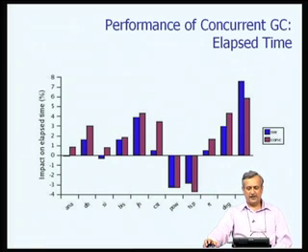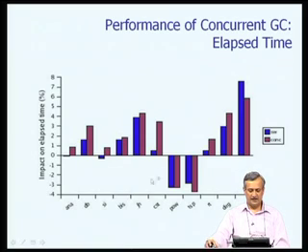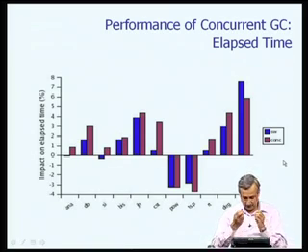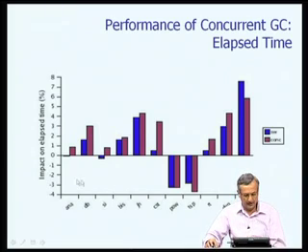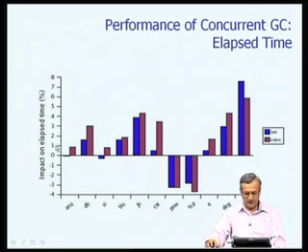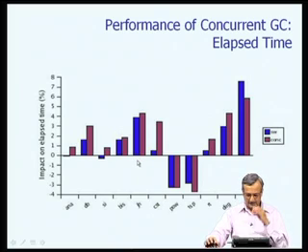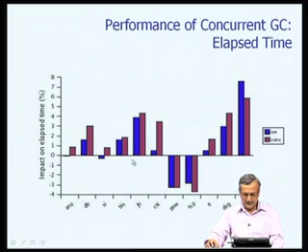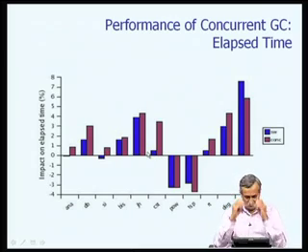So, what about the impact on the elapsed time? Here again the blue bars correspond to the stop the world garbage collector and the brown bars correspond to the concurrent garbage collector. The impact on the elapsed time in percentage is shown on this side. In many cases, the concurrent garbage collector requires a little more time than the other one.